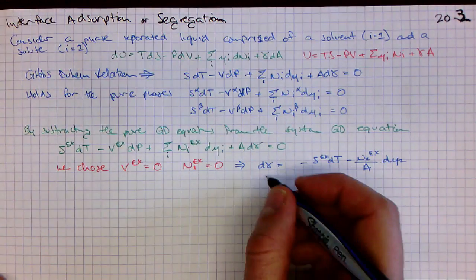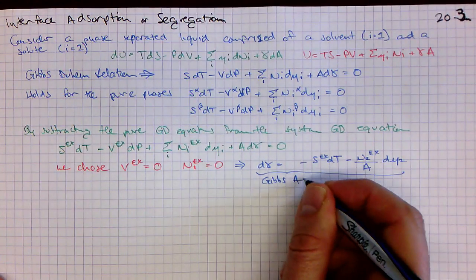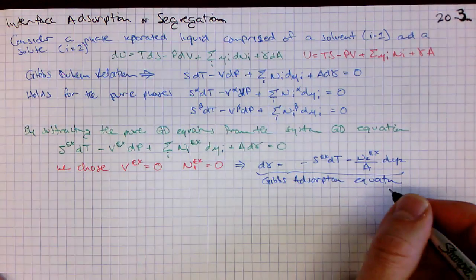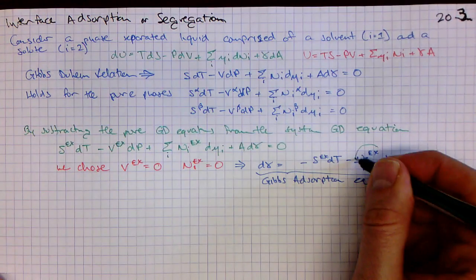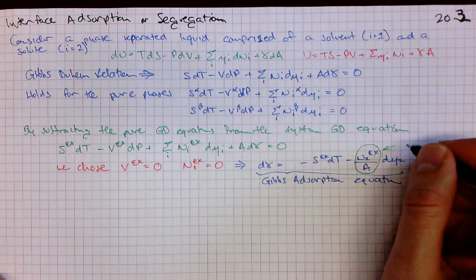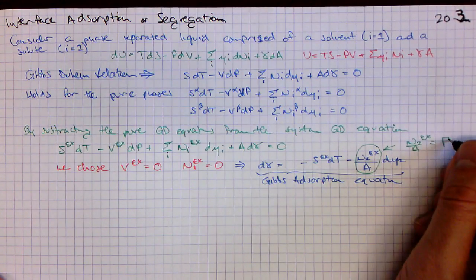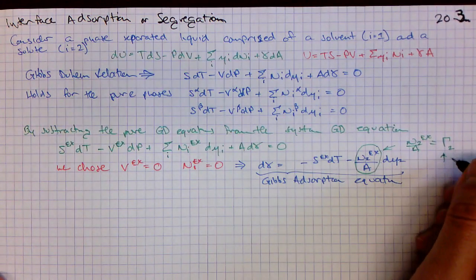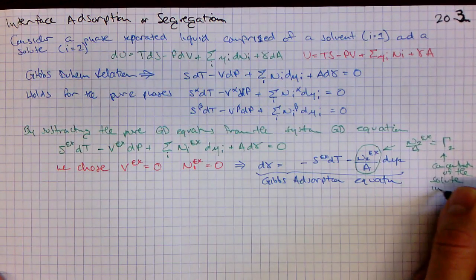So this is known as the Gibbs adsorption equation. And it's interesting because this quantity over here, N_2^ex over A, is the concentration of the solute in the interface.